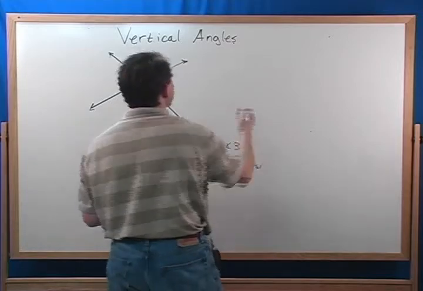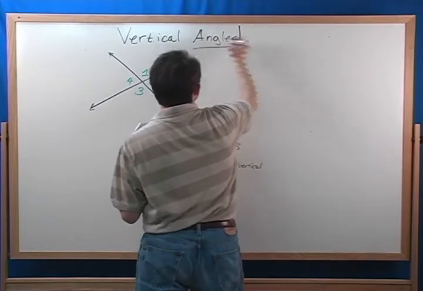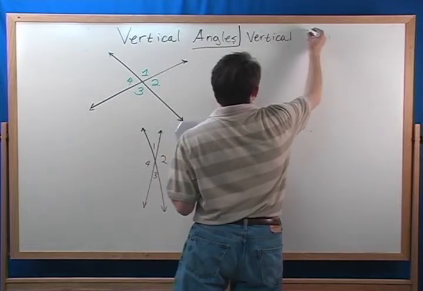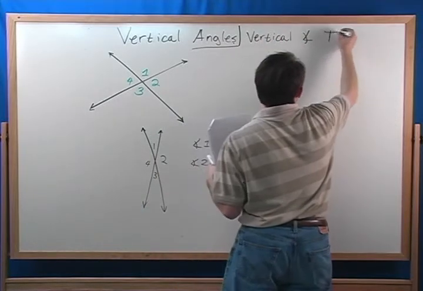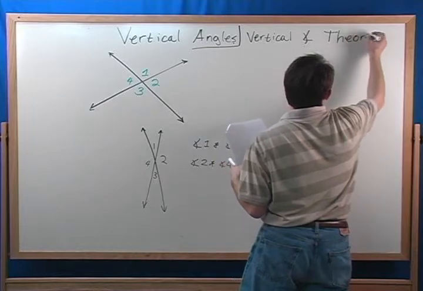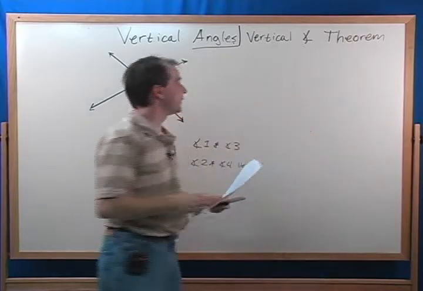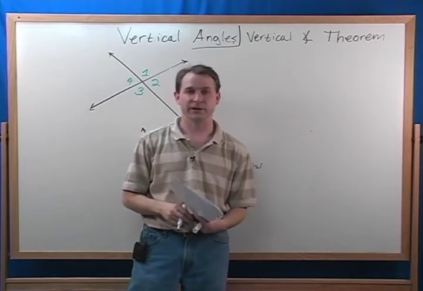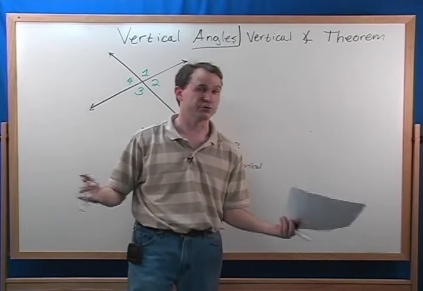We're going to write down something called the vertical angle theorem. First of all, I should talk about what the word theorem means. You're going to see that all through geometry. Theorem this, theorem that, proof, stuff like this.